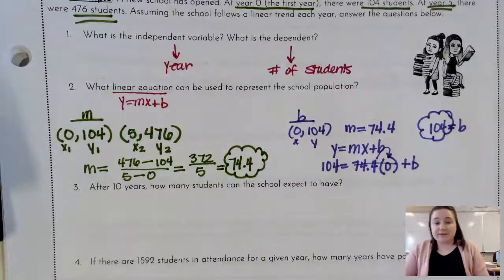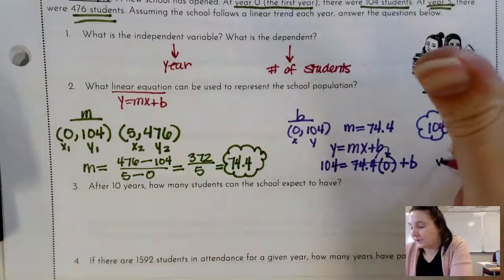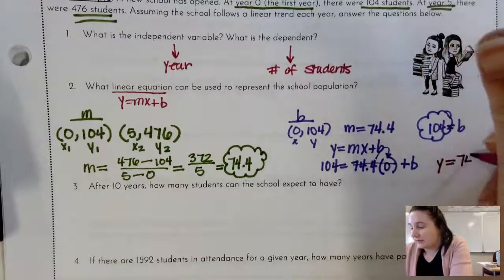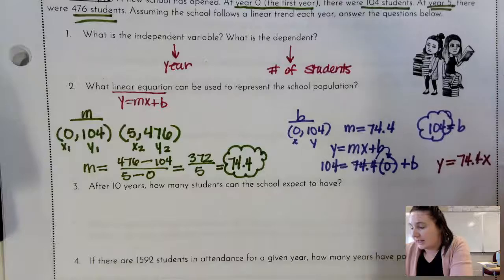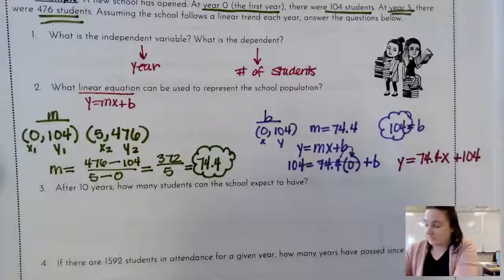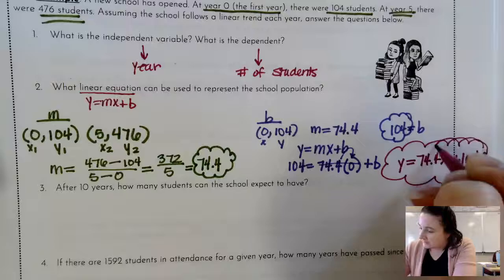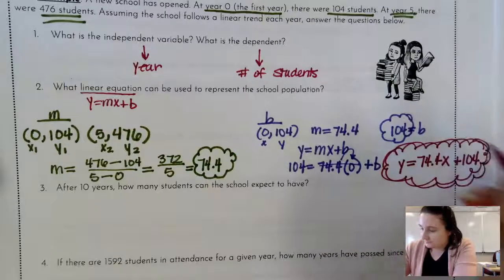Now my final step is to actually write my equation. So this is my m, this is my b, so my equation is y equals 74.4x plus 104. So this is my equation.